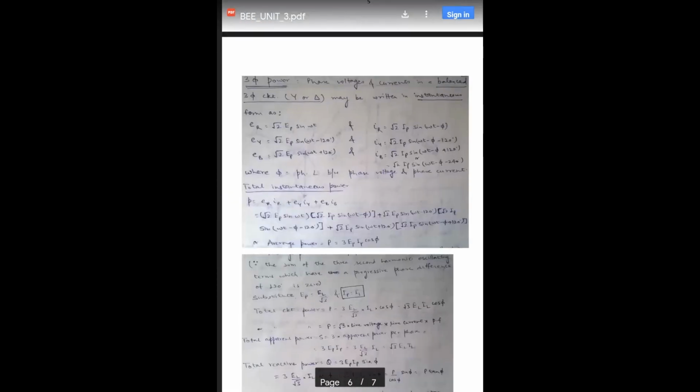Now we will calculate the instantaneous power in case a balanced load is connected to the supply system.